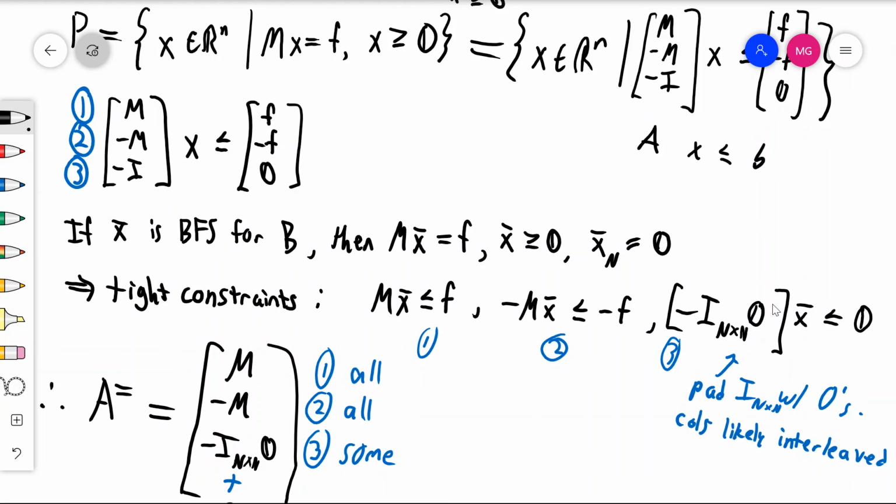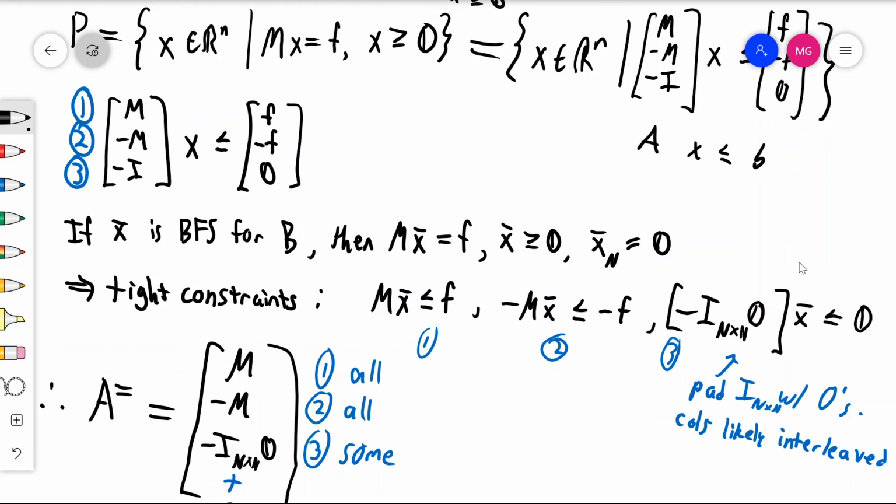So these zeros we're just explicitly writing out now, whereas they're implicit as part of the identity matrix here. But the point is that this type 3 sub-block is picking out exactly the components of x that are the non-basic components, and everything's less than or equal to 0.